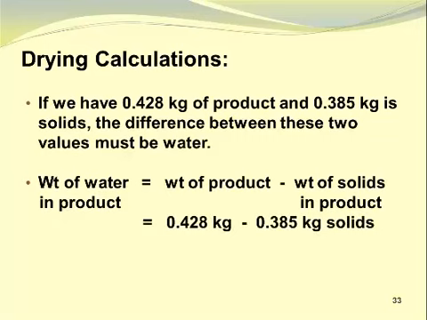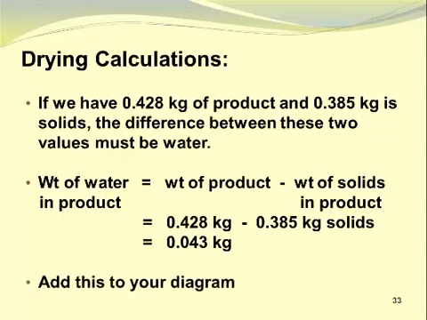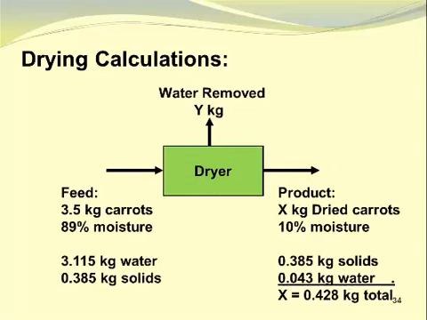We can substitute the values there, which gives 0.428 kilograms of product minus 0.385 kilograms of solids, which means we must have 0.043 kilograms of water present in the product. And now we can add this to our diagram. Down in the bottom right hand corner we have the value of X, because we now know how much dried product we have, and we also know the amount of water that's present.